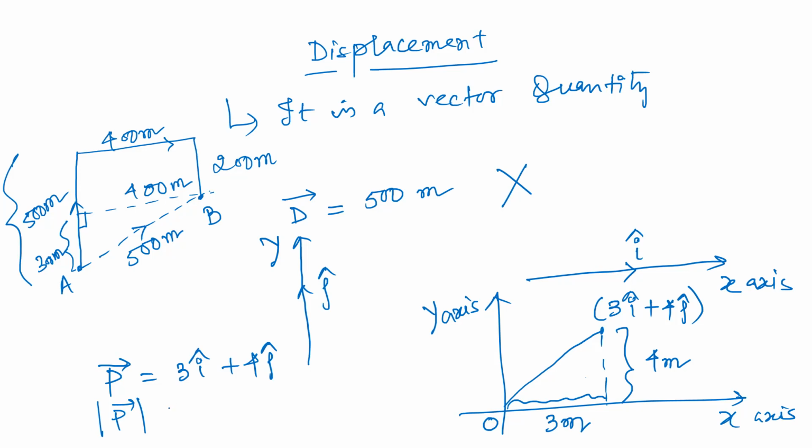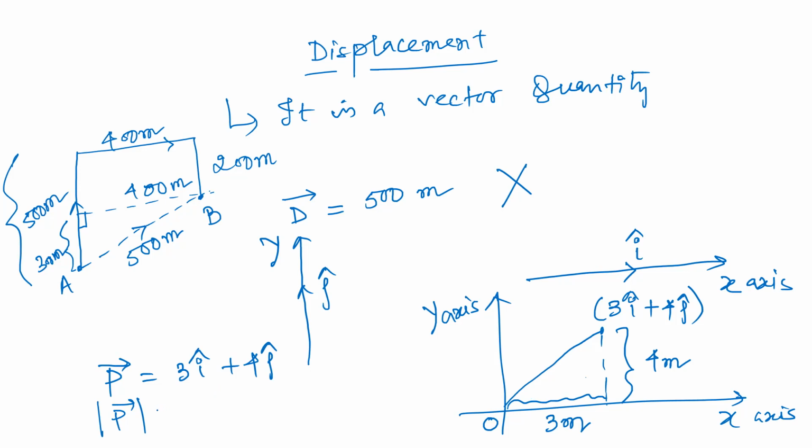Whenever you have to find out the distance of any object placed in a two-dimensional plane from the origin, every time you have to find out the modulus of that particular position vector. As the object is placed at some particular point in a two-dimensional plane and we have to find out the distance from the origin, I am taking the modulus.